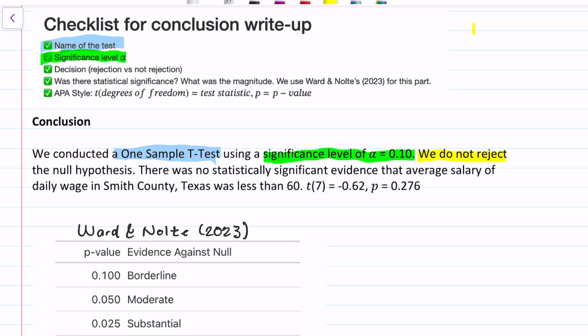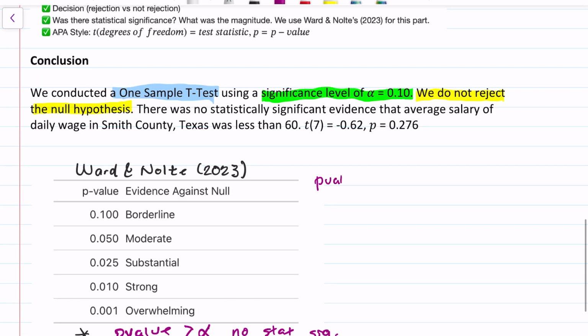So we decided to not reject based on both the p-value and the critical value. Remember, when we decide to not reject the null hypothesis, that means there's no statistical significance.